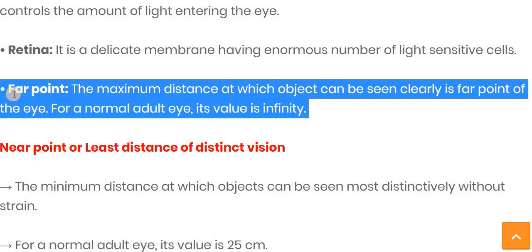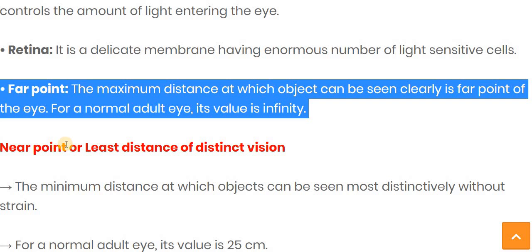Then the far point. Far point means the maximum distance at which an object can be seen clearly. That distance we consider the far point of that eye.